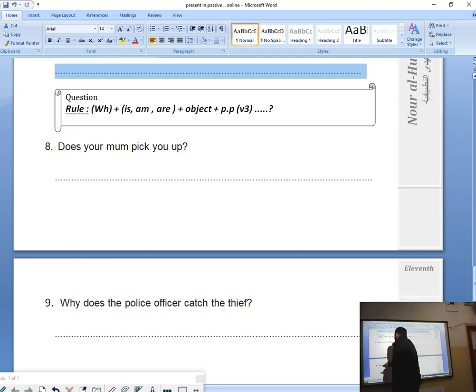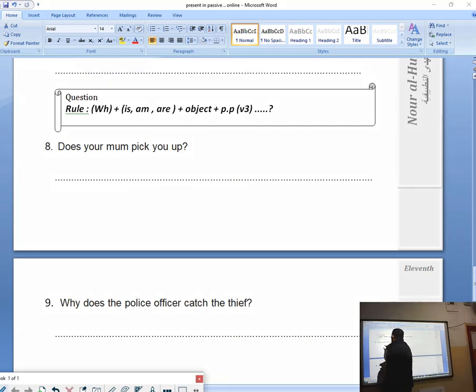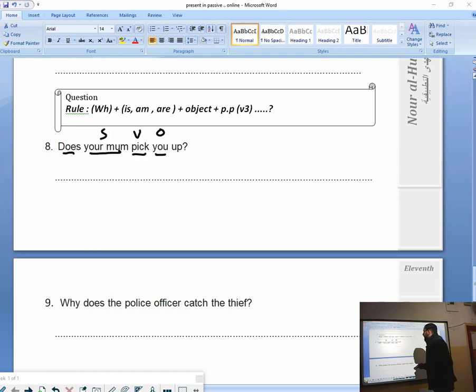Here I should divide this question. Is is an auxiliary verb. Your mom is the subject. Pick up is the verb, you is the object. So you should be the object. But before the object in the question, I should write is or am or are.